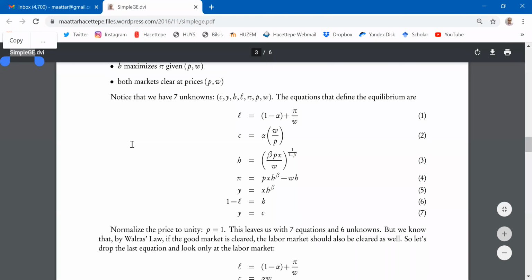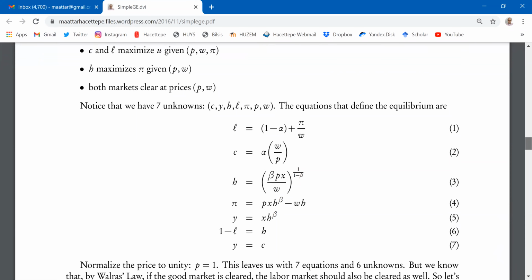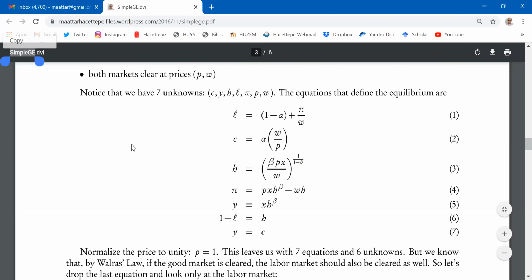So you see, we have 7 unknowns: consumption, output, labor, leisure, profit, price, and wage. And these are the equations. Let me zoom in a little bit. We already defined leisure as a function of profit and wage.